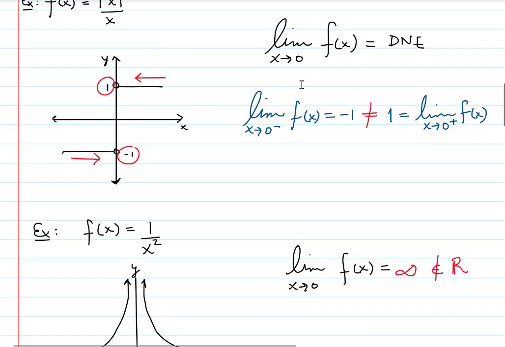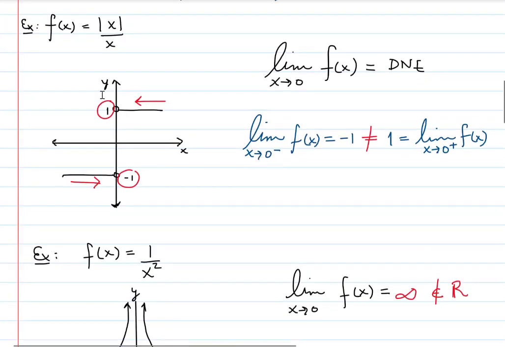I want to show you quickly a simulation, just a quick example of something similar to this example here, on what would happen, how a neighborhood, a delta and epsilon would look like for a function where the limit fails to exist.